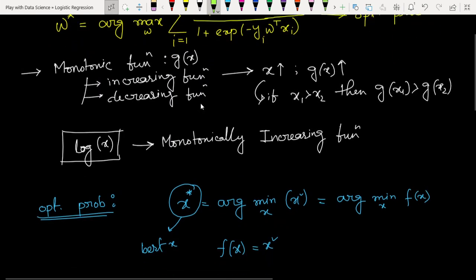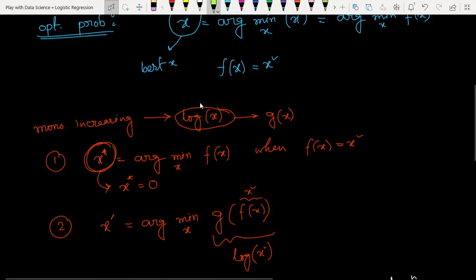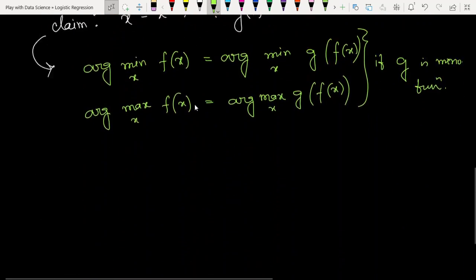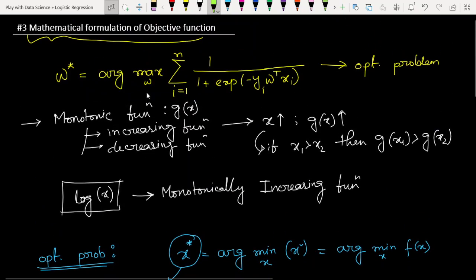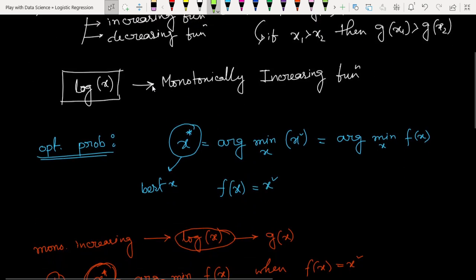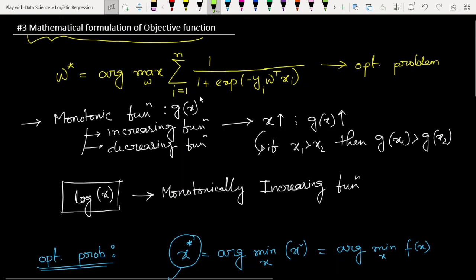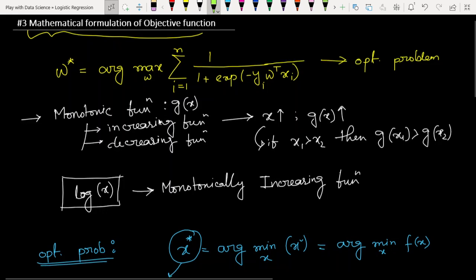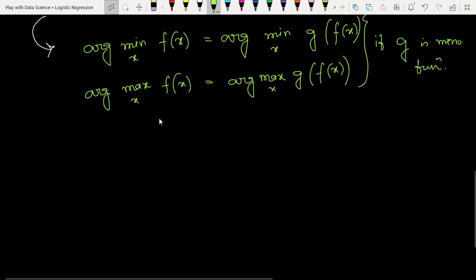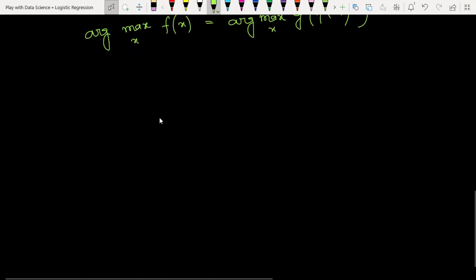For making the calculations easy, we apply the composition rule, because at the end of the day we have to find the best w. So if we apply some function to find the optimal w in a better or easier way, then why not, we can apply it. So just write it down.